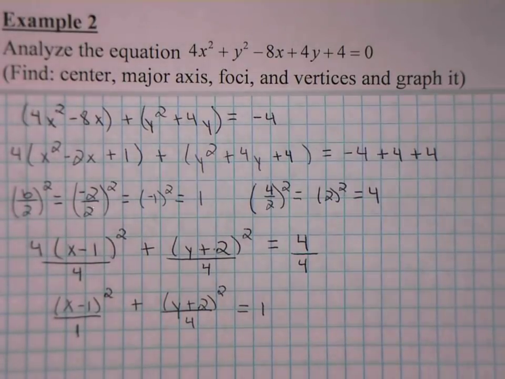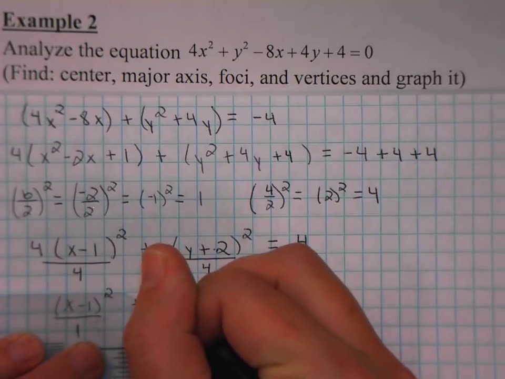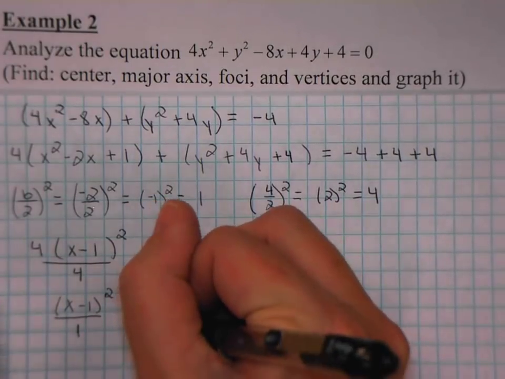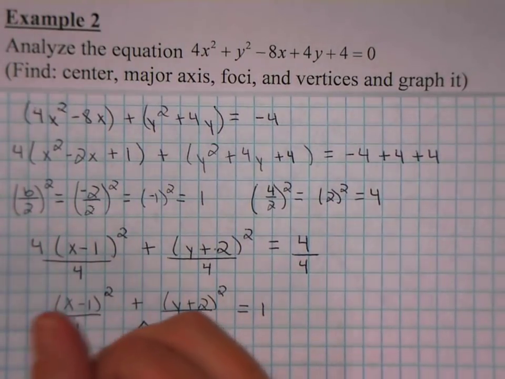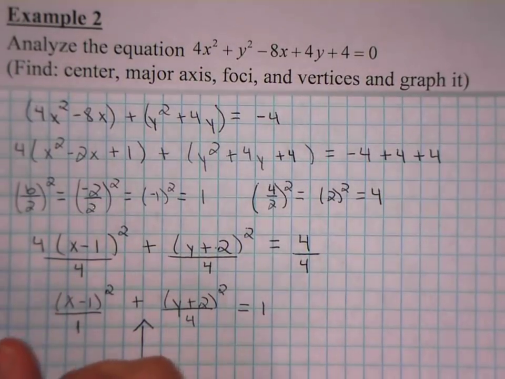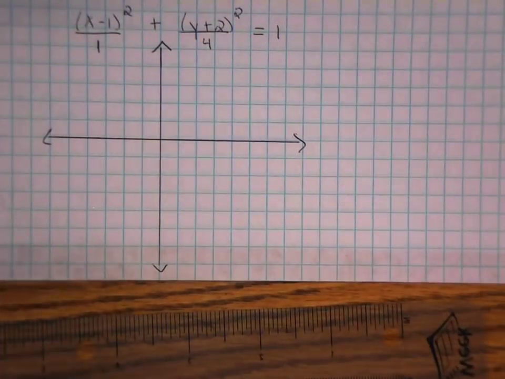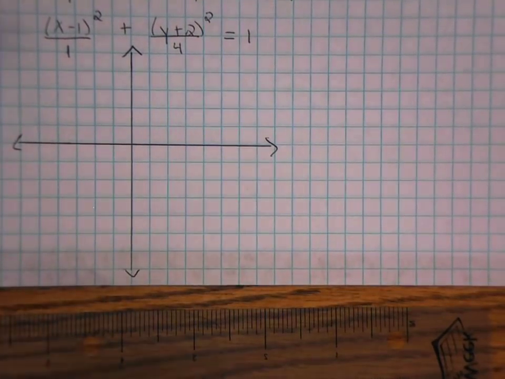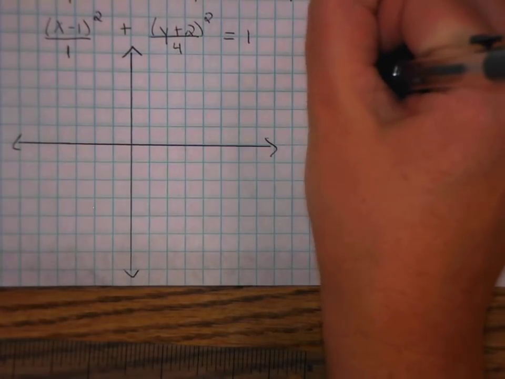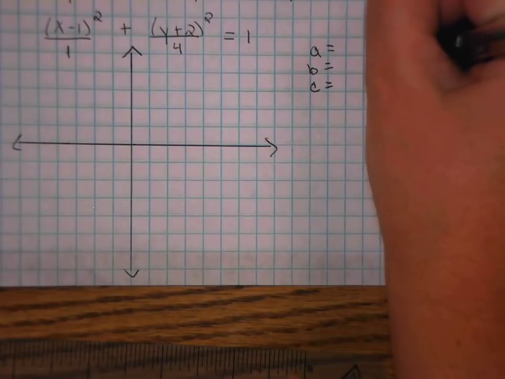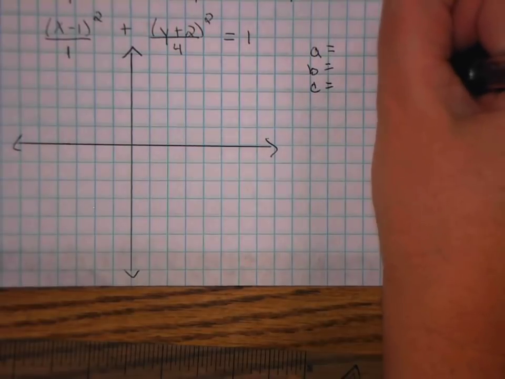So if I want to analyze and graph this, I'm going to set up my paper with my XY axis. And then I'm going to make a list on my paper for A, B, and C: A squared, B squared, and C squared.